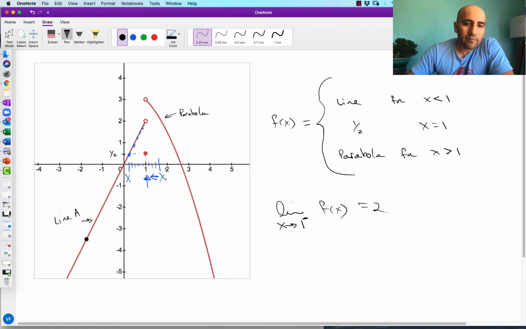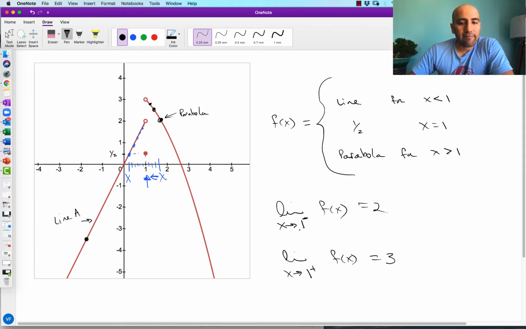On the other hand, from the other direction, the limit as x approaches 1 from the right-hand side of f of x, well, it looks like as I choose different values of x that get closer and closer to 1, the outputs of our function get closer and closer to 3.